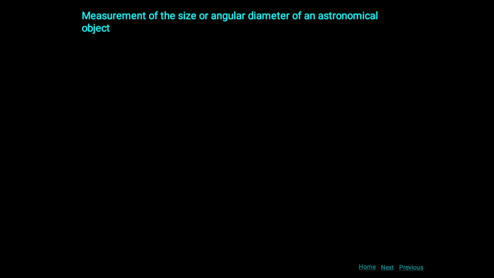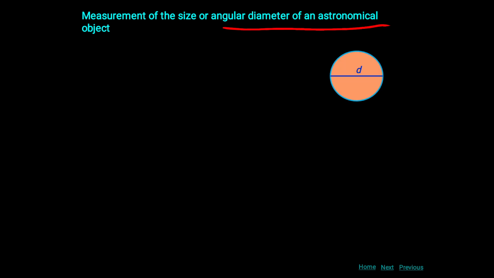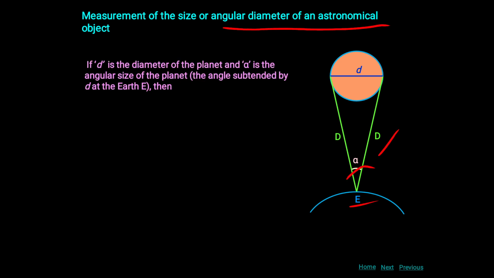Now, measurement of the size or angular diameter of an astronomical object. How to measure it? See, this is the planet with diameter d, and this is the earth. From the earth to the planet the distance is capital D, and here an angle is created, that is alpha.